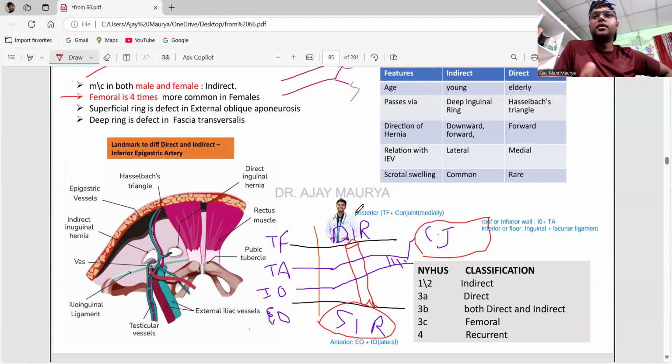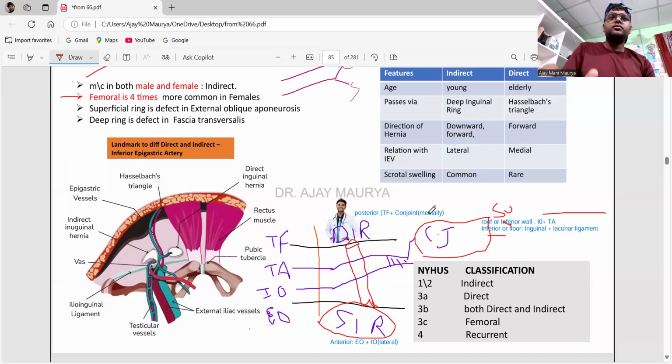This is the posterior wall, and this is the roof or superior wall, formed by the internal oblique muscle plus the transversus abdominis. The inferior wall or floor is formed by the inguinal plus lacunar ligament. This is how you have to remember.